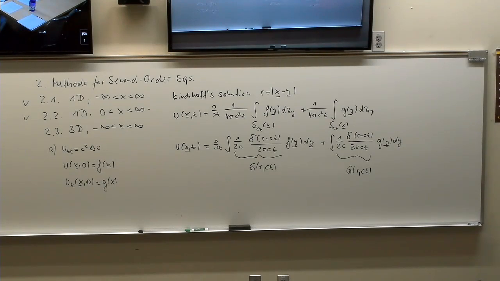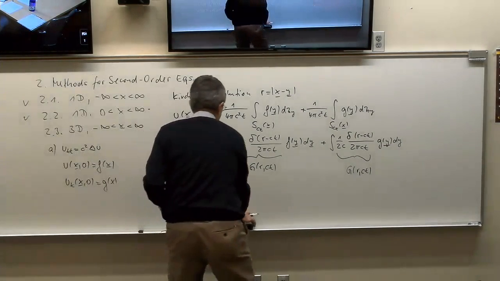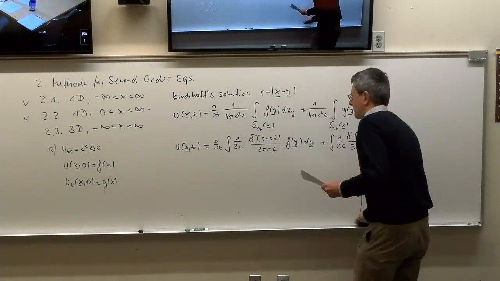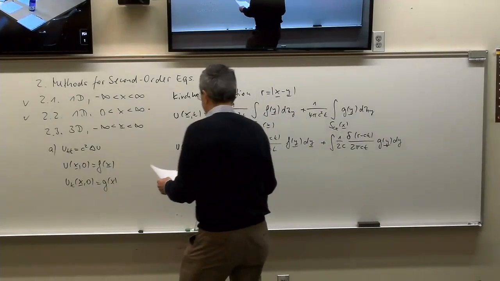Depending on the structure of f and g, it can be more appropriate to use the delta function writing or the writing including the surface integral. So it just depends. One comment that is definitely relevant, at least to the final, is the following.